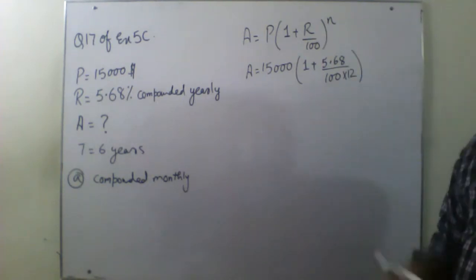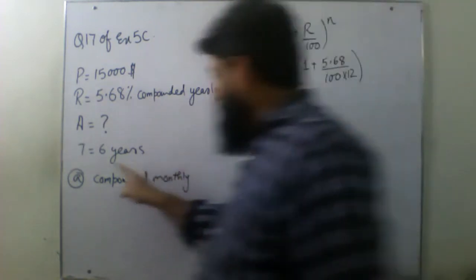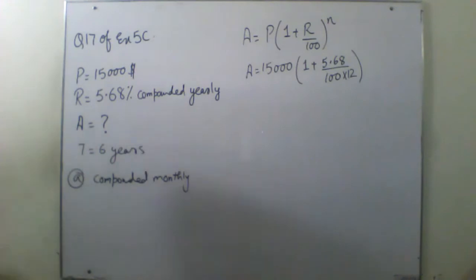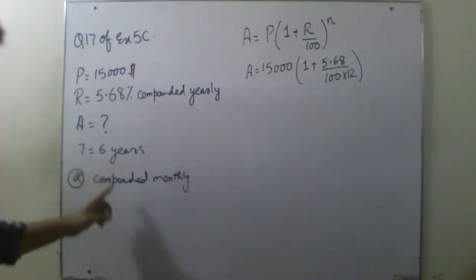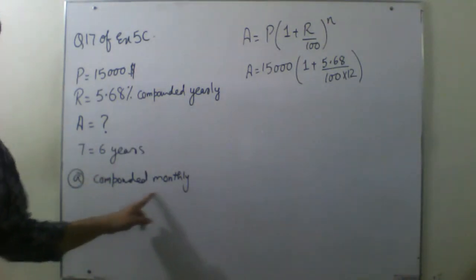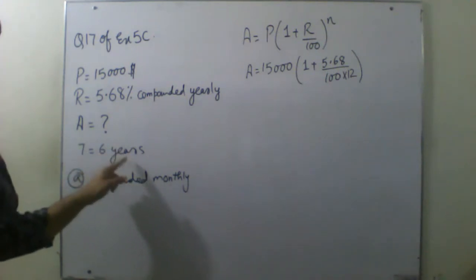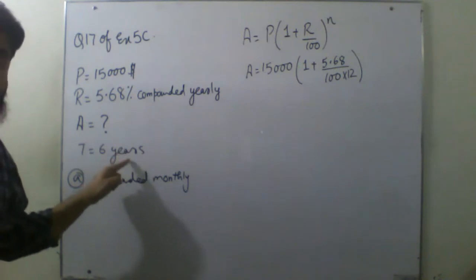Now, after that, the number of years is 6. The amount is compounded monthly, so how many months will be there in 6 years?